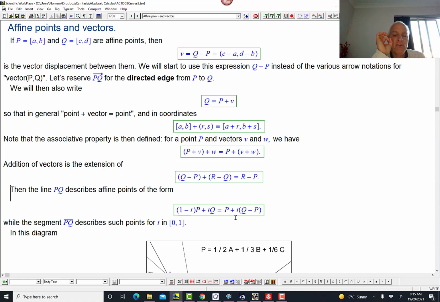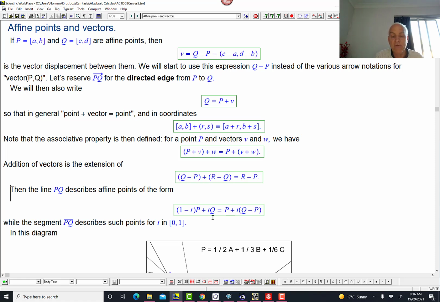But now we're in a position to say more precisely what this really is. Arithmetically, we can rewrite this as P plus t times (Q minus P). And now we see what that means. We're starting with the point P, and we're adding a multiple t of the vector from P to Q, the vector Q minus P. And if the multiple t is arbitrary, that means we're allowed to go in any direction. So that describes the entire line PQ.